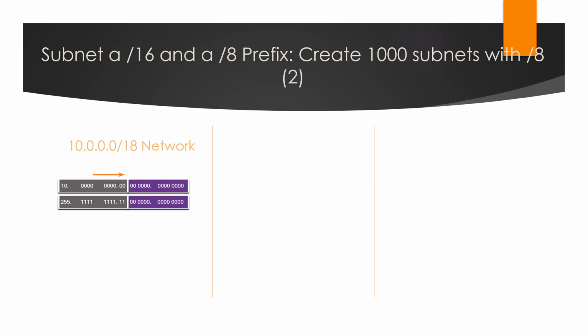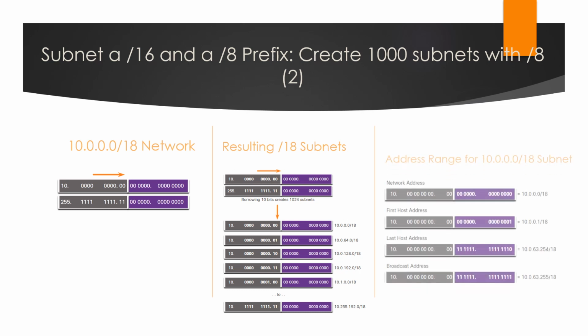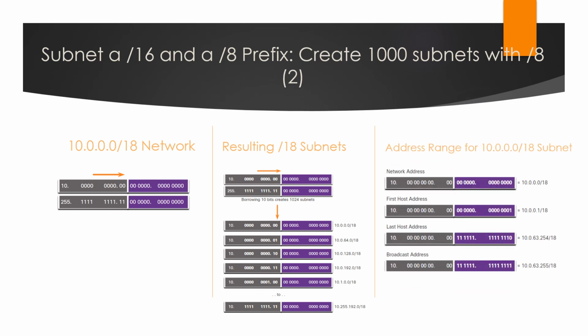And as we mentioned, we can create 1,024 subnets by borrowing those 10 bits. Here it is displayed the specifics of the first subnet: the network address, first host address, last host address, and even the broadcast address.